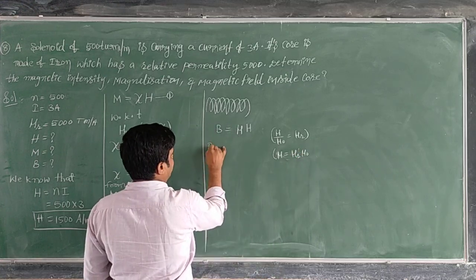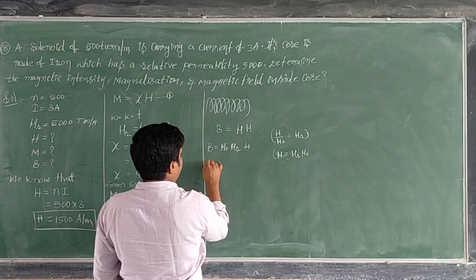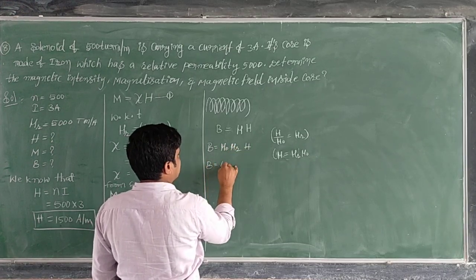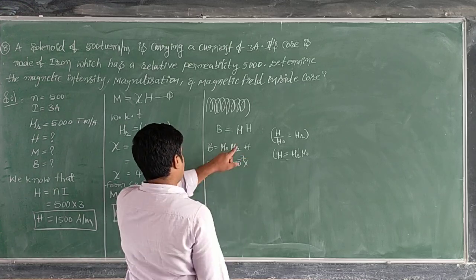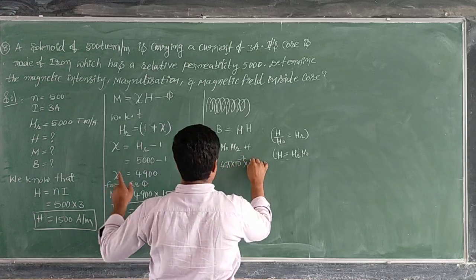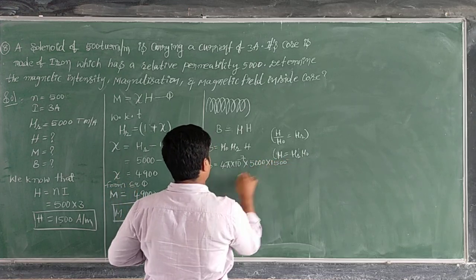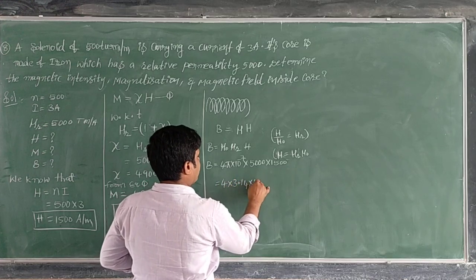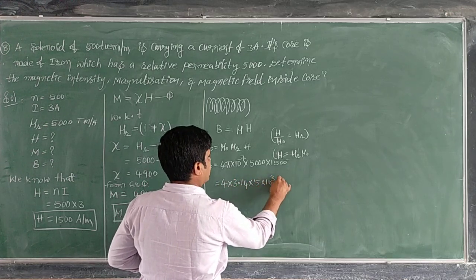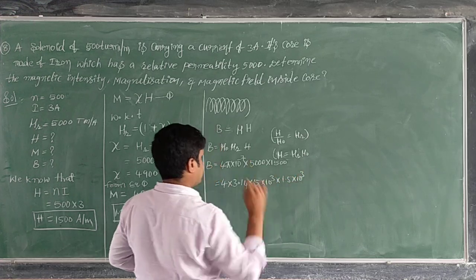So B is equal to mu naught into mu r into H. Magnetic field B is equal to mu naught, which is 4 pi into 10 power minus 7, into mu r, which is 5000, into H, which is 1500. So once again 4 into 3.14 into 5 into 10 power 3 into 1.5 into 10 cube.